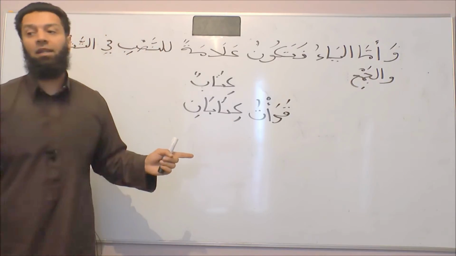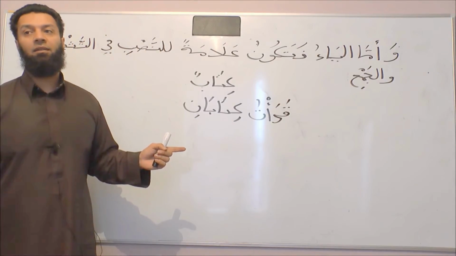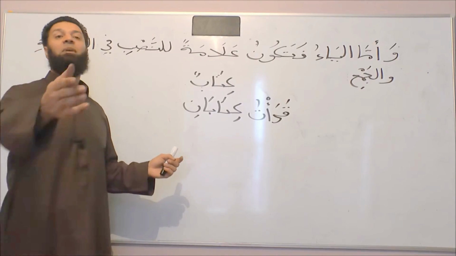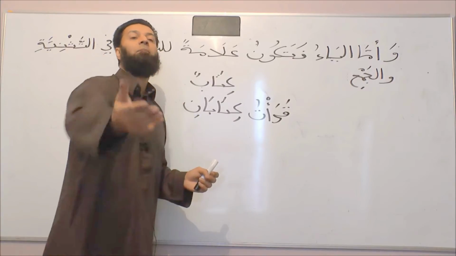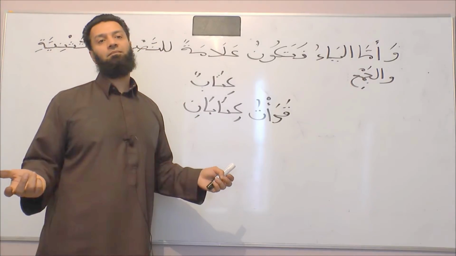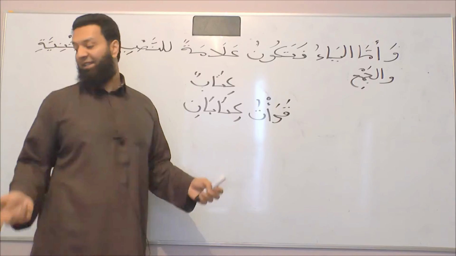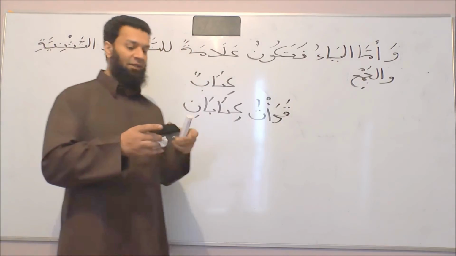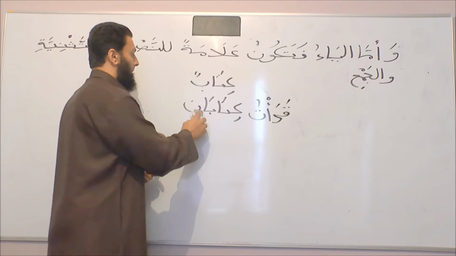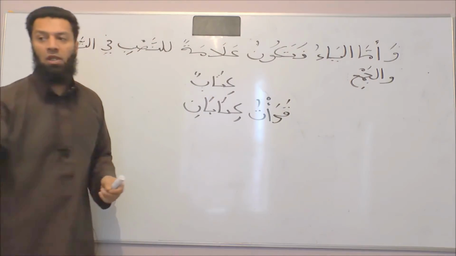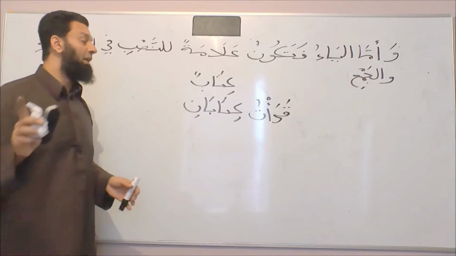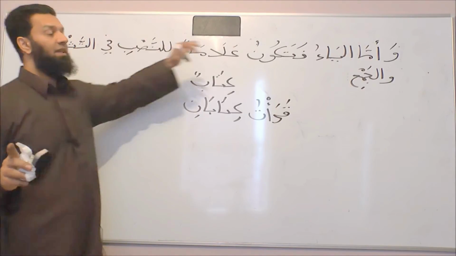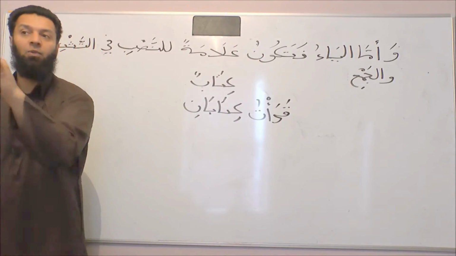What's kitabani here? مفعول به. If it's maf'ulun bihi, what's the indicator for it being mansubun? It's not the alif, is it? Al-ya'u. We have to change it. But note, many people become confused between al-muthanna and al-jam'.